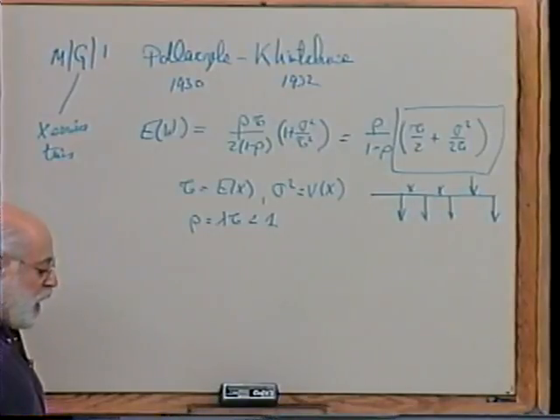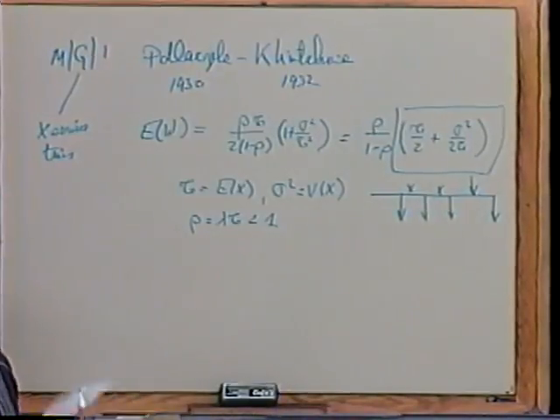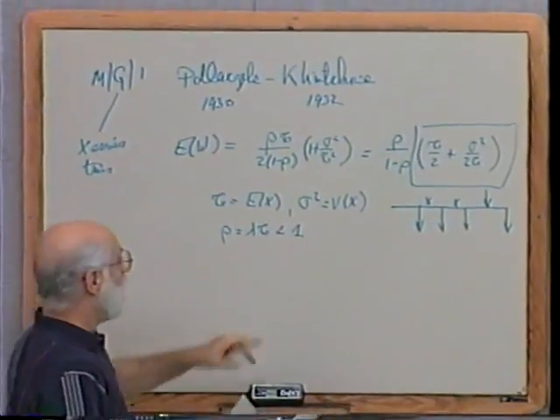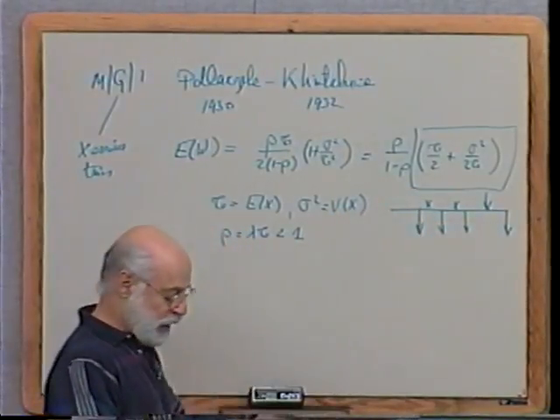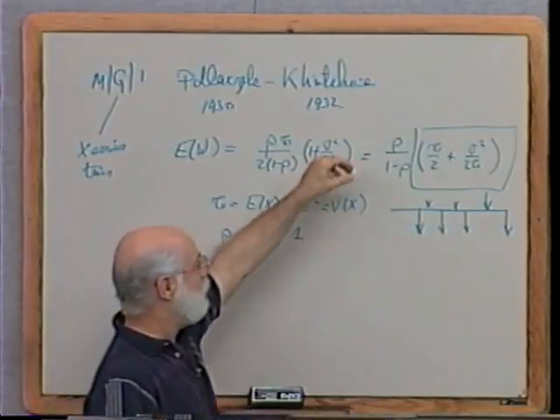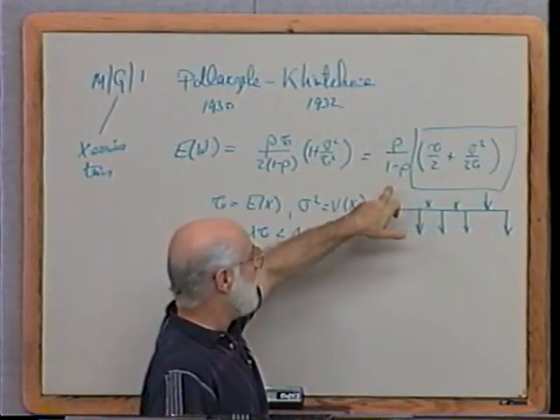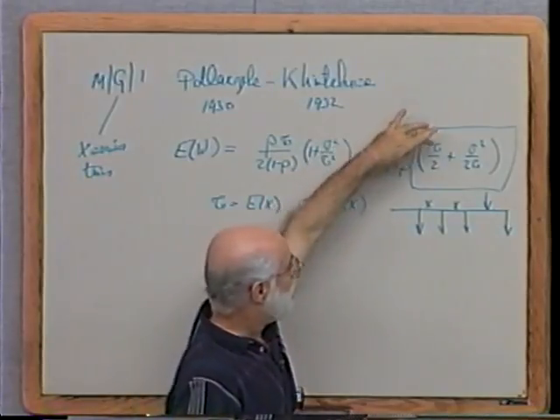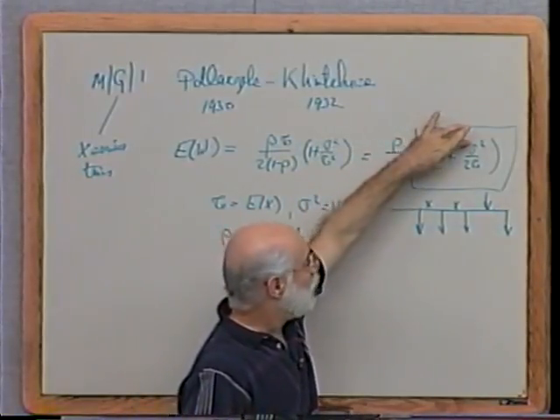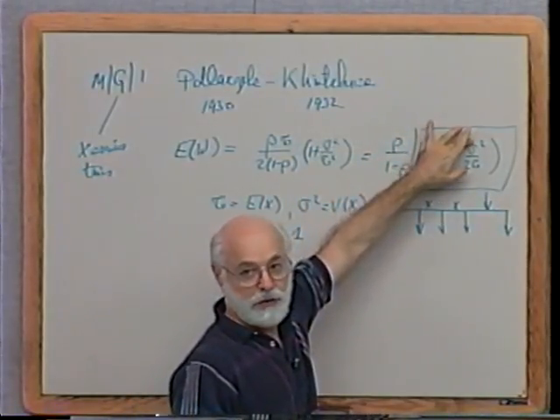Okay, so I'll start off with equation 8.2. What I want to do is derive this famous Pollaczek-Khinchine formula. By the way, notice that the Pollaczek-Khinchine formula shows that the average waiting time depends on the server utilization and the average service time, but it also depends on the variance of the service times.